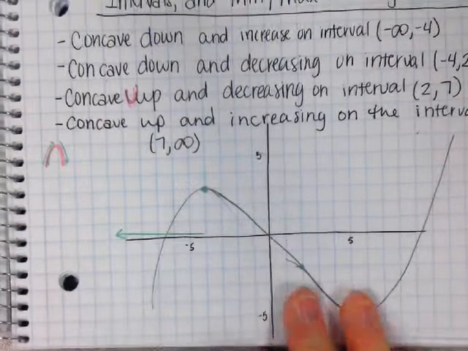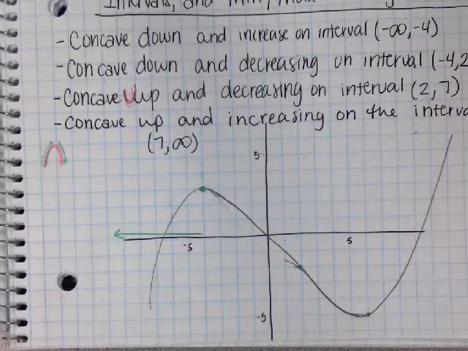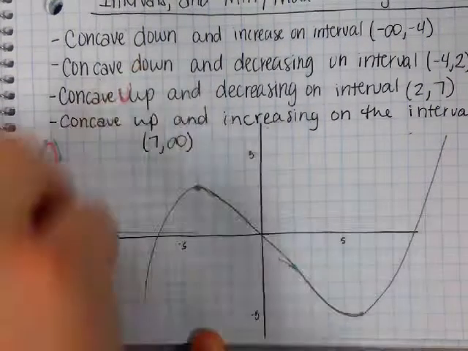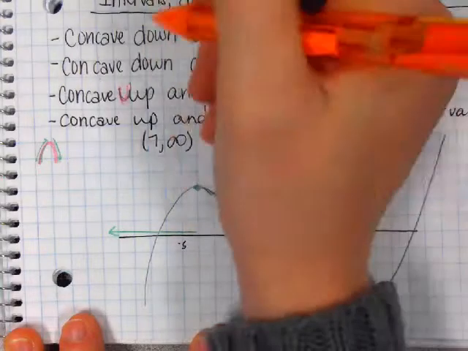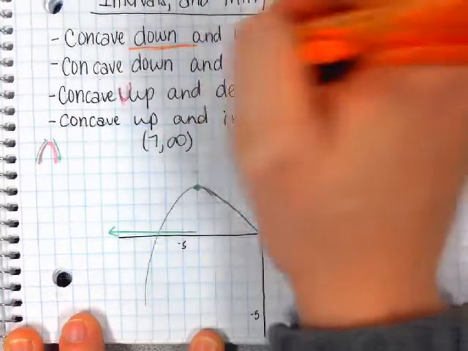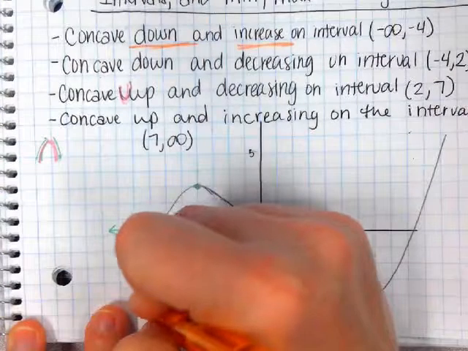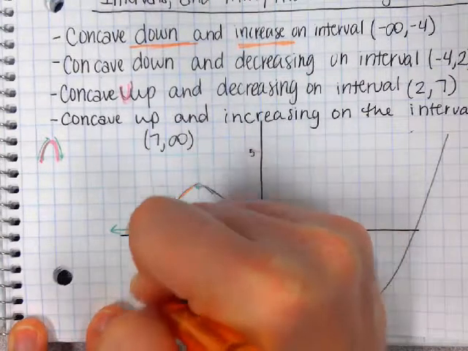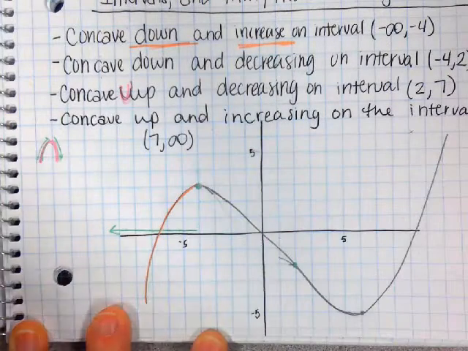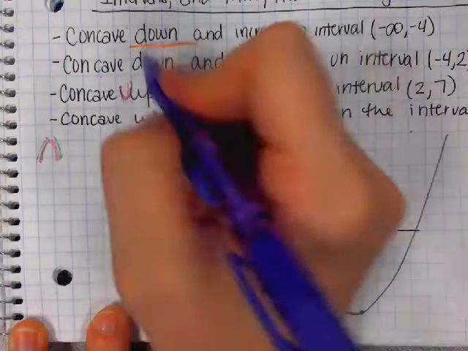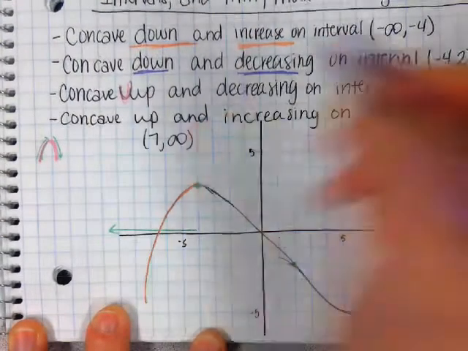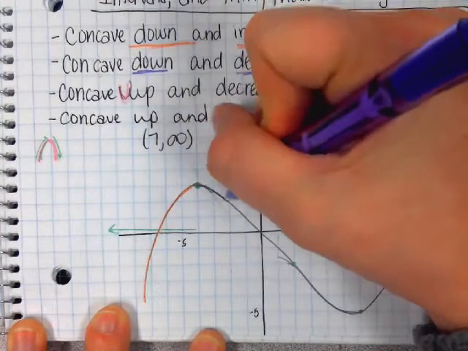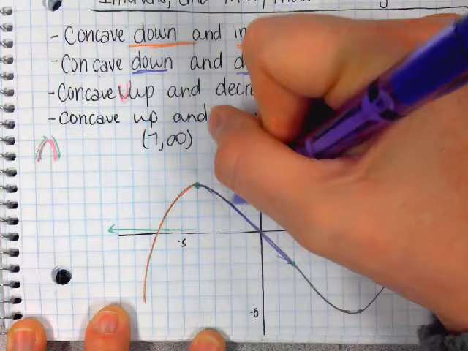Okay, so I'm going to talk about that again. I'm going to look over all of the parts of it. So concave down, I'm going to go ahead and color all of this concave down and increasing. So this is concave down and increasing, concave down and decreasing is to this point.